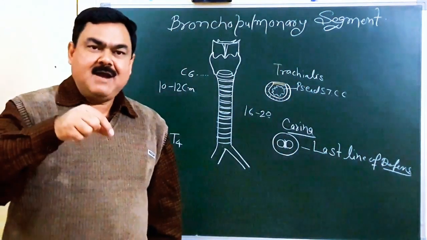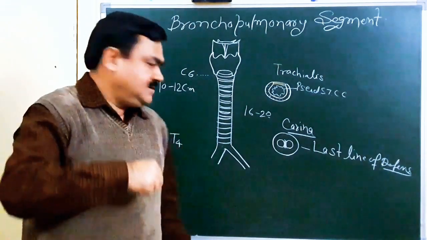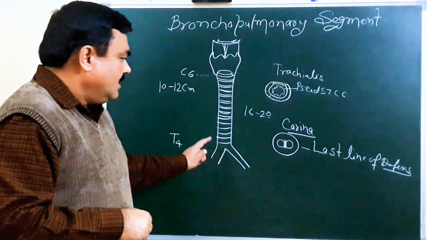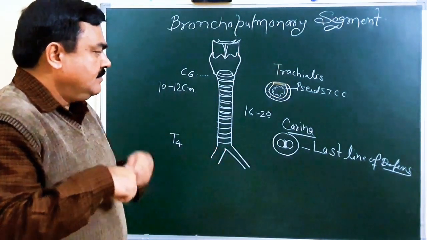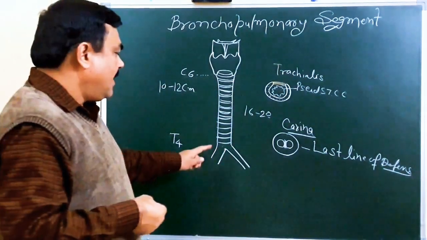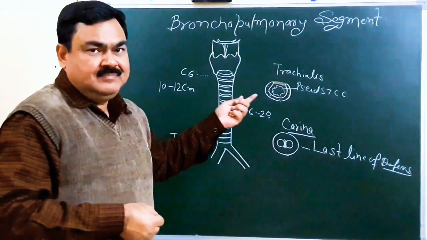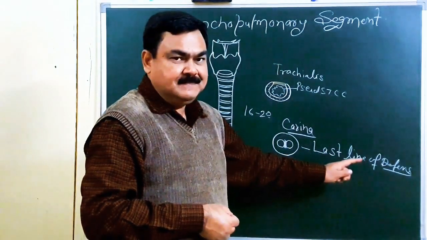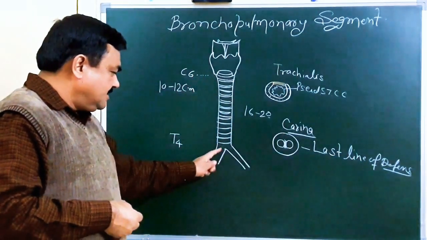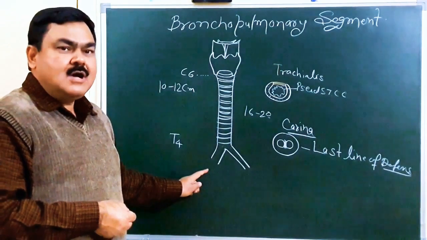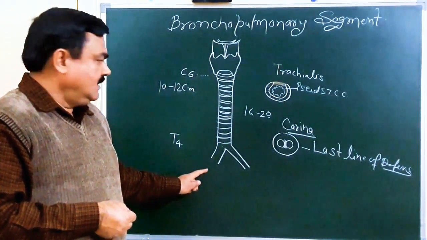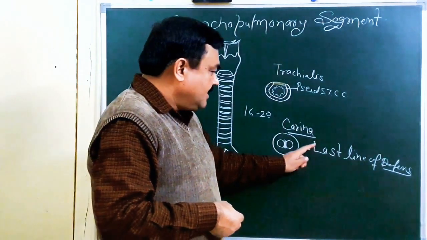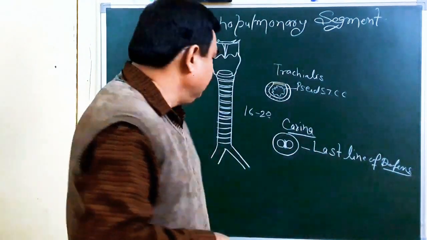If a foreign particle reaches up to here, a cough reflex is generated, so with severe coughing that foreign particle may come out. If the foreign particle crosses this, then no cough reflex is generated. So the carina is important for the generation of the cough reflex.